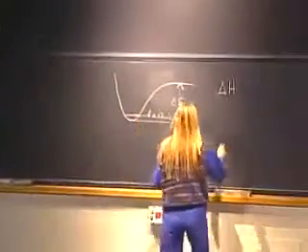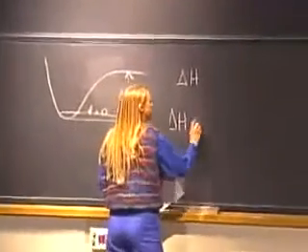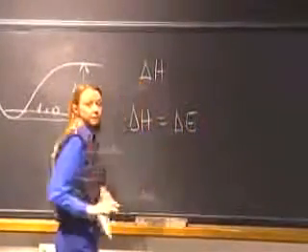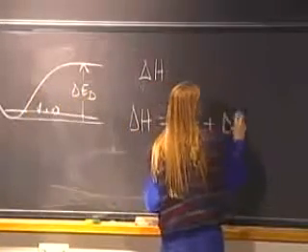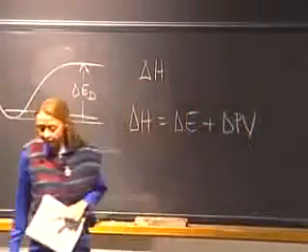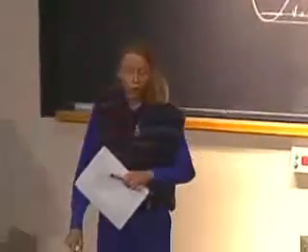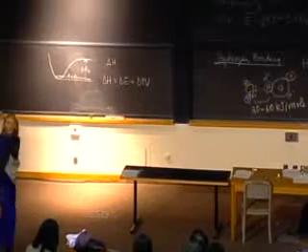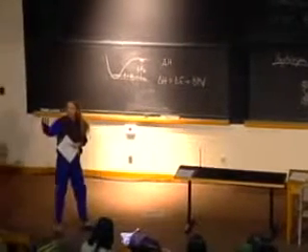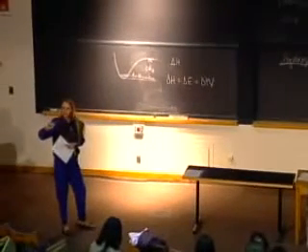Now, the relationship between delta H and delta E is this. Delta H is equal to delta E plus delta PV. This is a relationship that you will learn about in a lot of detail in 560 in chemical thermodynamics. At this point, we're going to take it as a given.